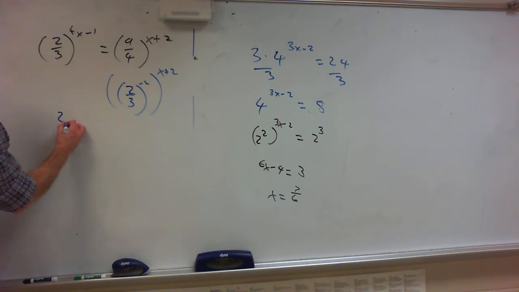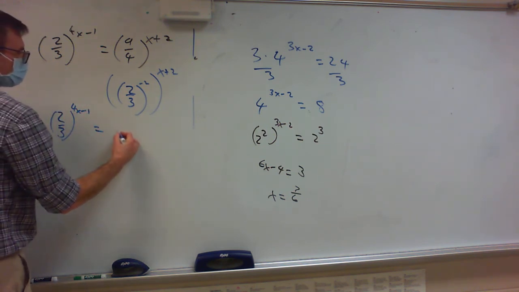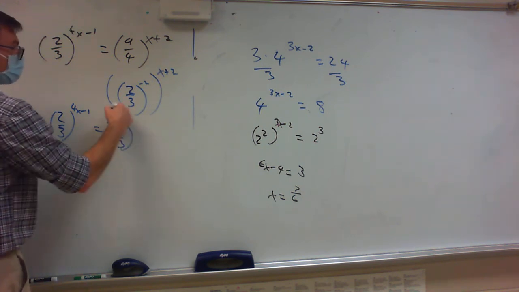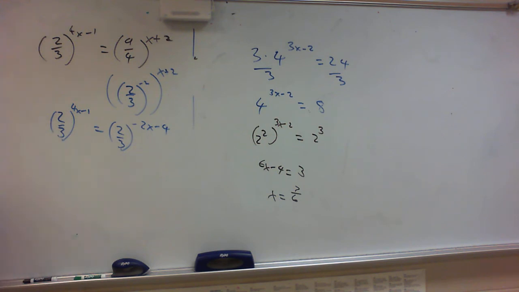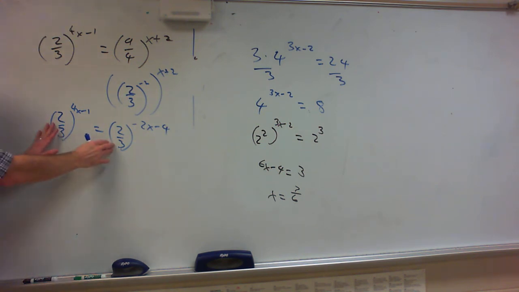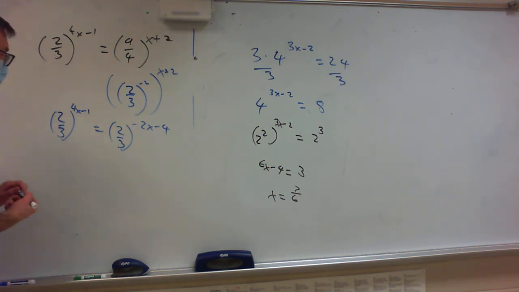And so now I have 2/3 to the 4x minus 1 is equal to 2/3 to the negative 2x minus 4. We okay? The bases are the same, so now it's just an algebra problem.